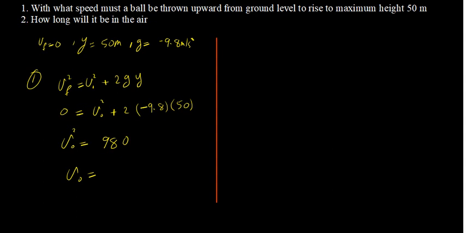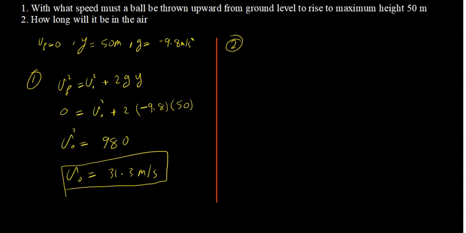That will give us 31.3 meters per second. That's the initial speed of this object when we throw it upward to reach the maximum 50 meter height. Now, the second part of this example is how long will it be in the air?